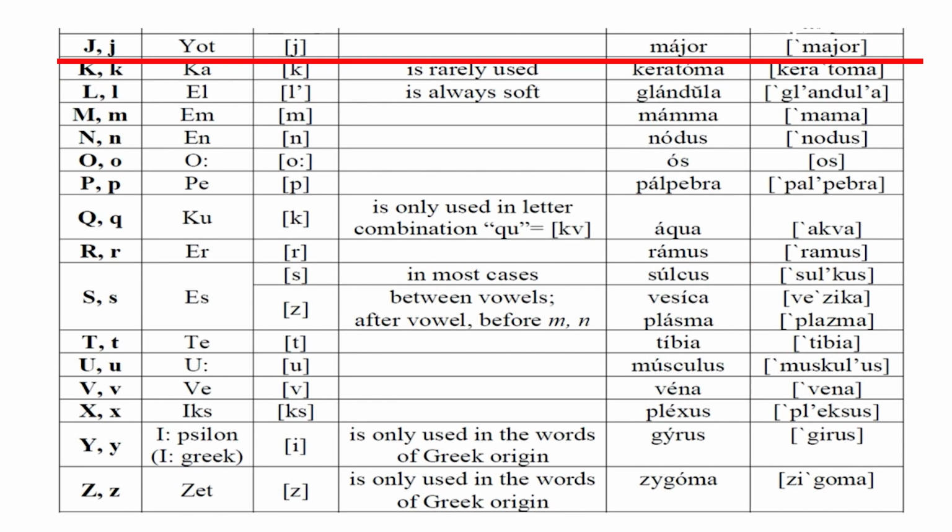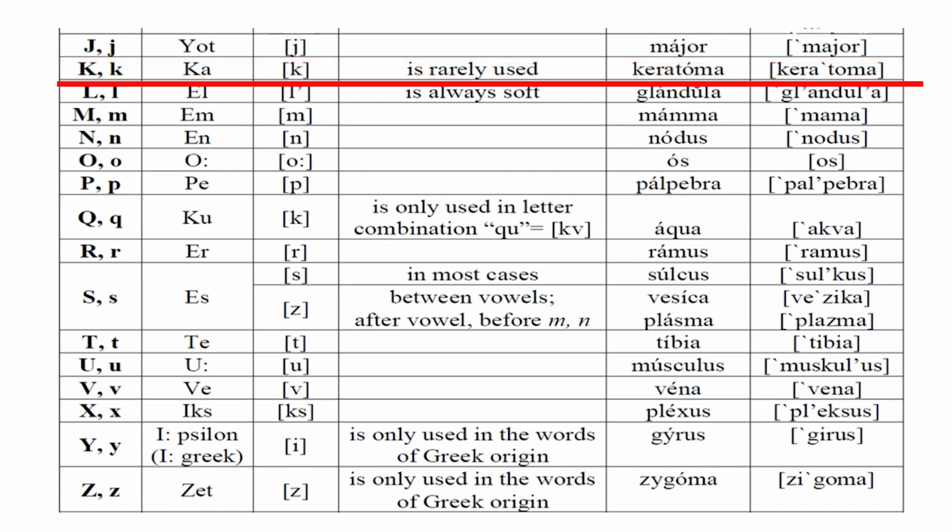The next letter J is used exclusively as a consonant in the Latin alphabet that represents the sound of Y, as in yellow. Our next letter is Ka, as in keratoma.